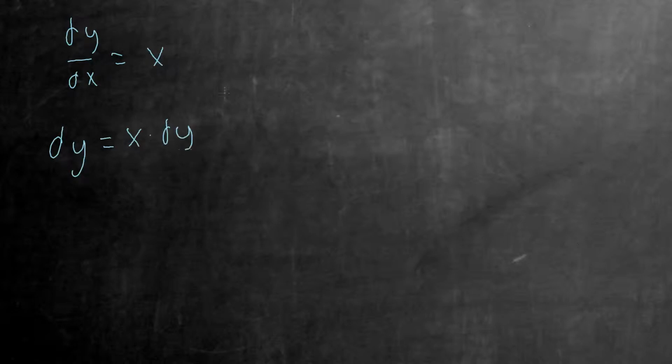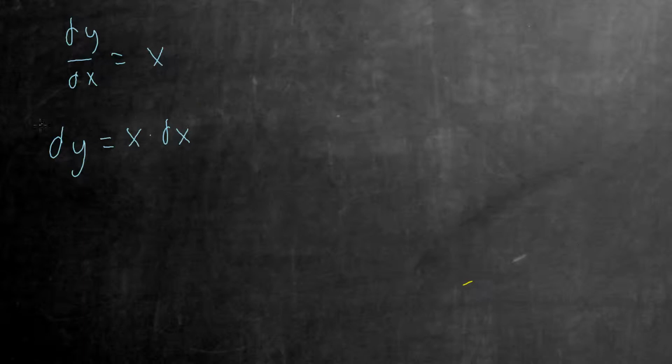So dy dx equals x. Always separate the differentials, or I call it separate the variables. That's what you're going to read. So separate the variables. In this case, we only have to multiply the dx over, and we have separated them. We have x on this side with its dx, and we have y on this side.